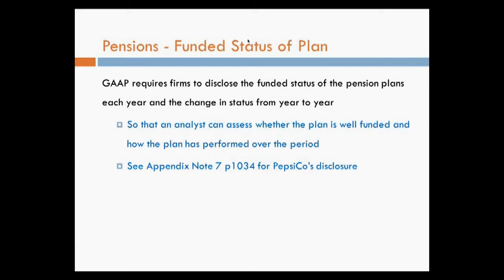GAAP requires companies to disclose the funding status of their pension plans each year and any change in status. So the idea here is to see whether the plan is well funded or not. So again, since we just did it, go to page 1034, you can see Pepsi's disclosure on their pension plan.